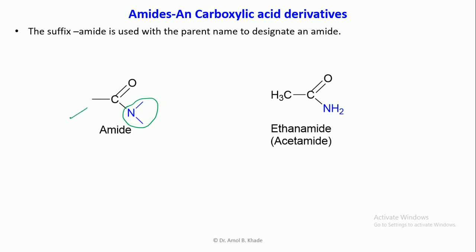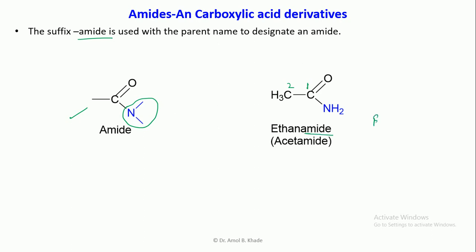This is referred to as an amide. In the nomenclature of these compounds we use the suffix amide with the parent name to designate it is an amide. For example, here again the numbering begins with the carbon of the carbonyl group, the amidic carbon, and this will be 2. So it is methane, ethane.